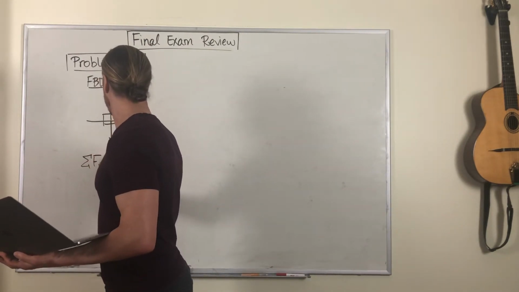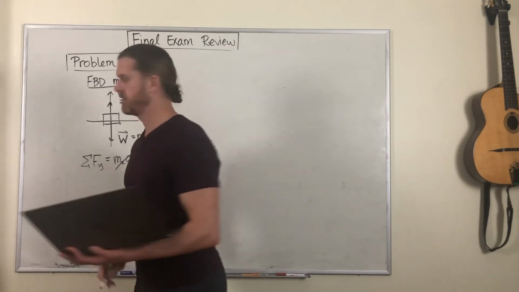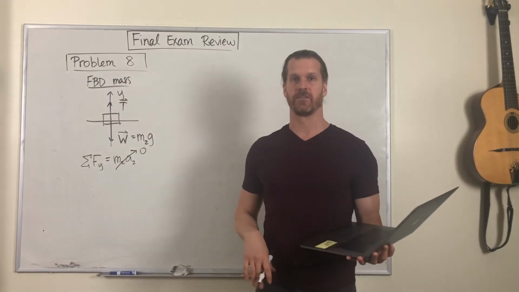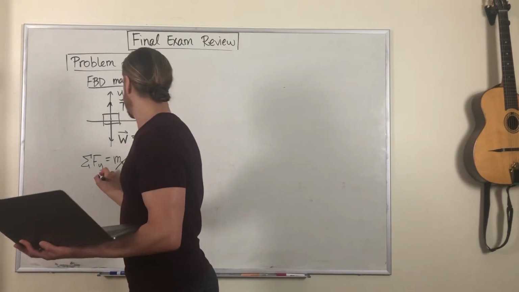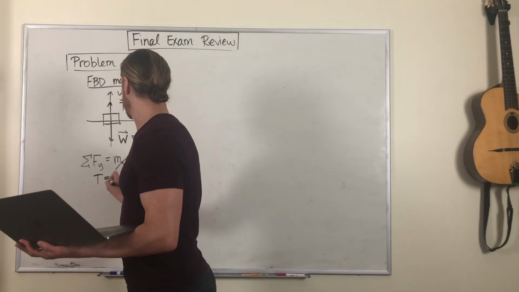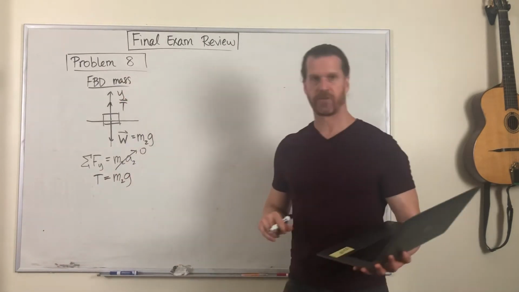So the sum of the forces in the y direction is 0 because that block is in equilibrium, it's stationary. And so we find that tension equals the weight, equals M2G.